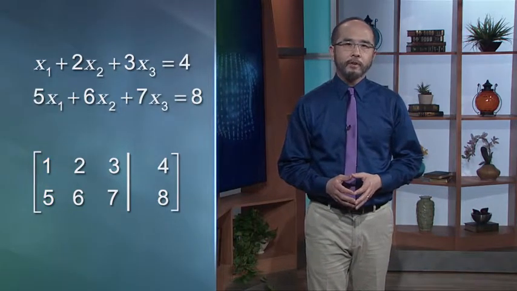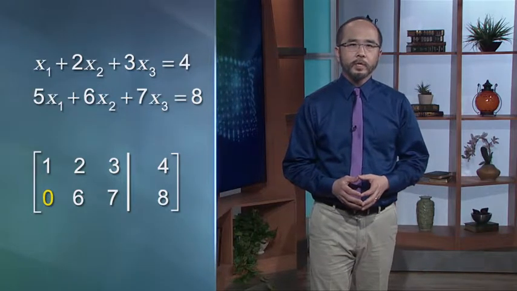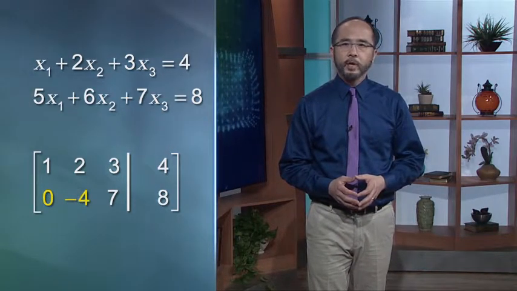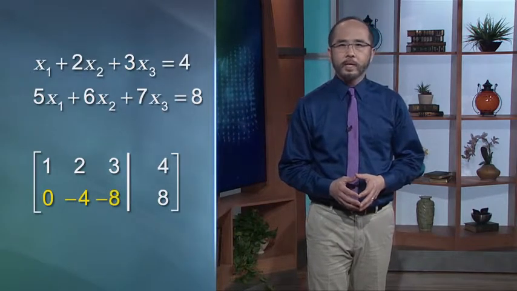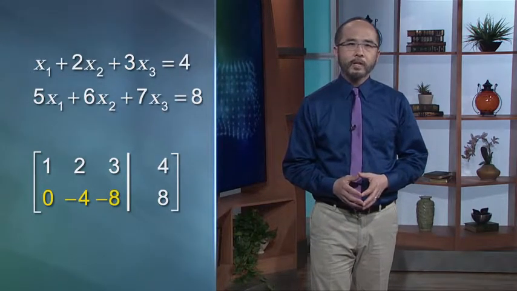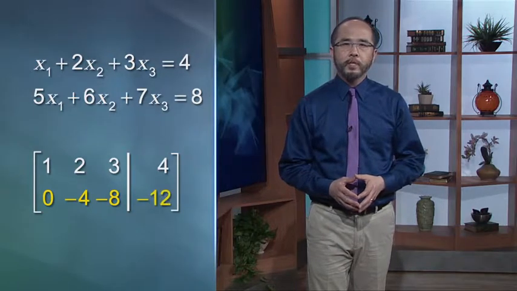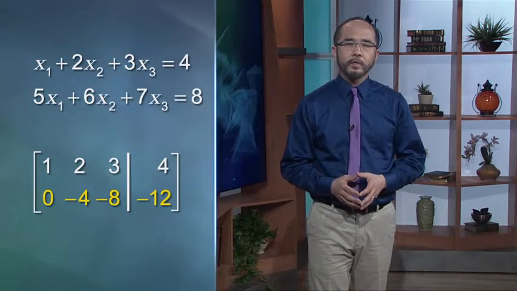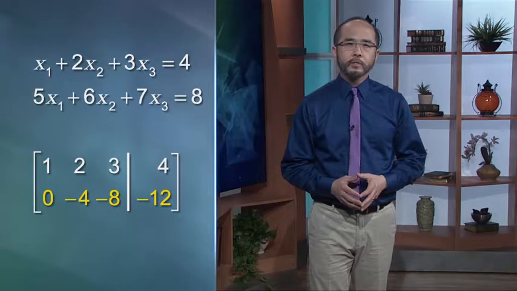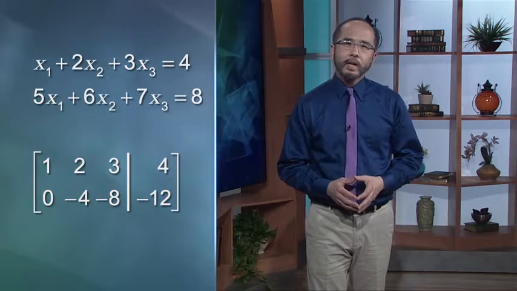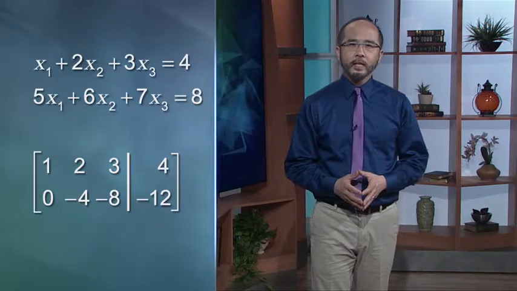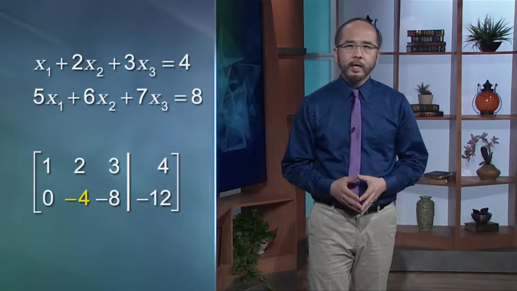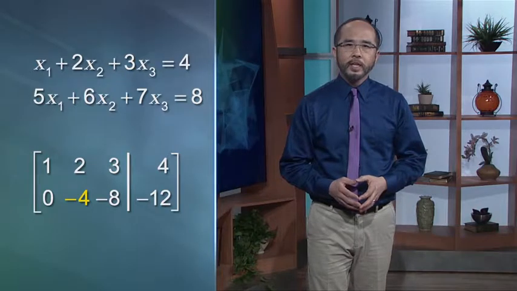So 5 minus 5 times 1 is 0. 6 minus 5 times 2 is minus 4. 7 minus 5 times 3 is minus 8. And 8 minus 5 times 4 is minus 12. So this gives us this matrix. We recognize it as row echelon form because the leading entry in the second row, minus 4, is to the right of the leading entry in the first row.